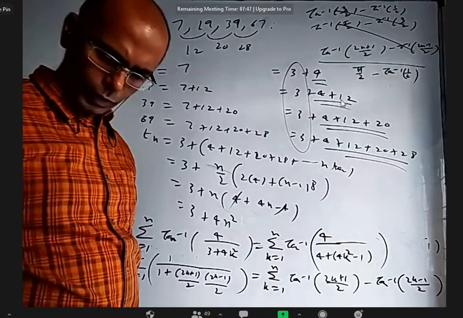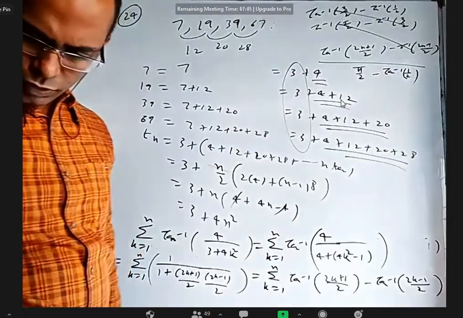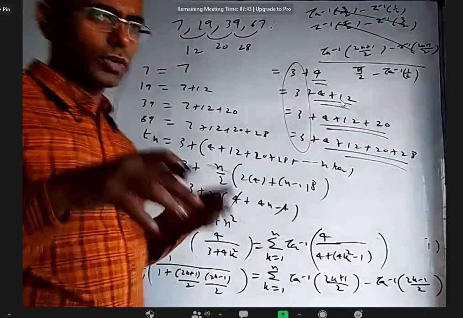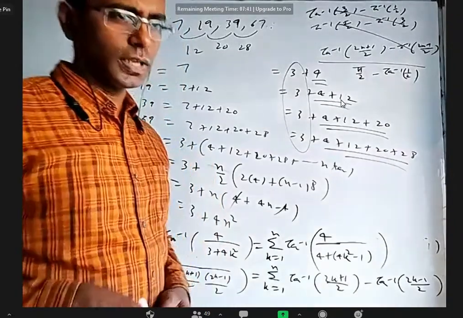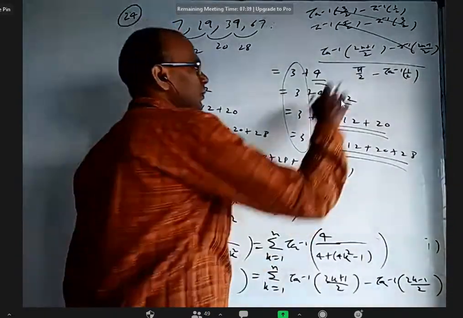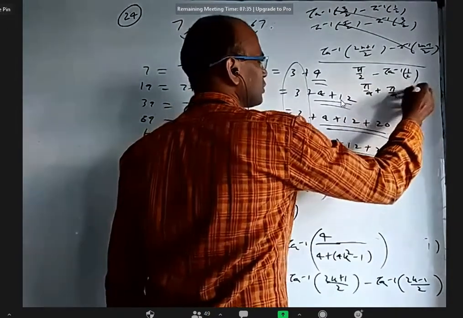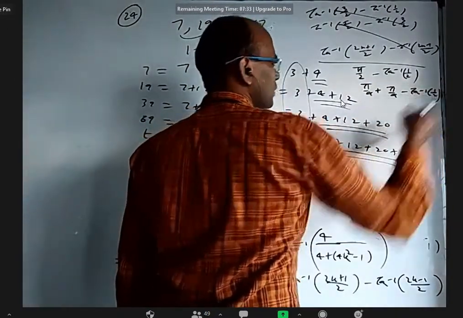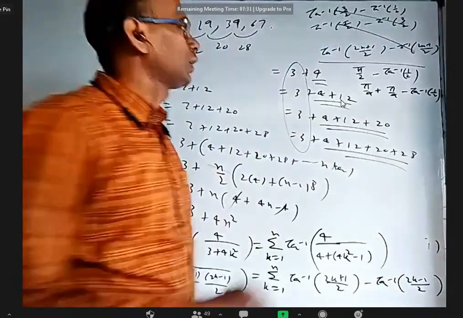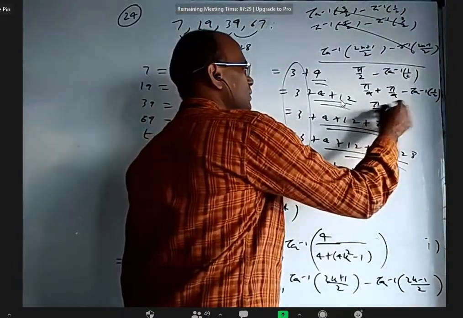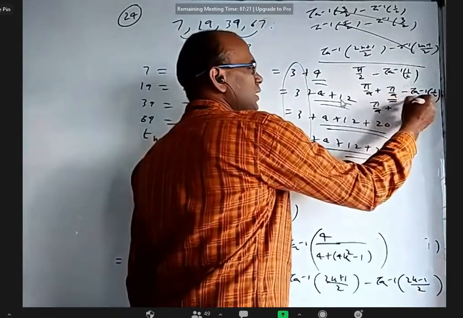But they wrote cot inverse 3 because they might have simplified. Oh, we are not getting the direct answer. I'll tell you how they adjusted it. This pi by 2, I can write as pi by 4 plus pi by 4 minus tan inverse 1 by 2. Okay, pi by 4 plus, this is tan inverse 1 and this is tan inverse 1 by 2.